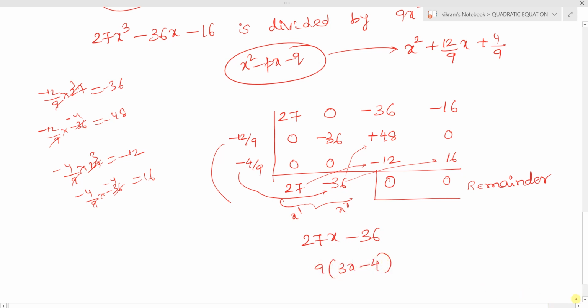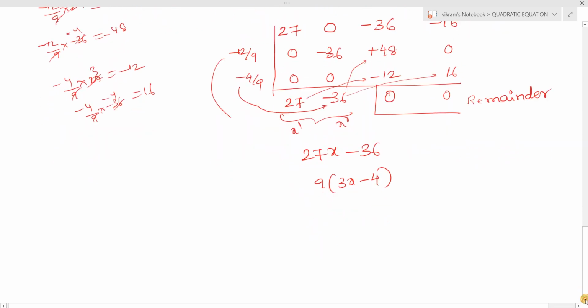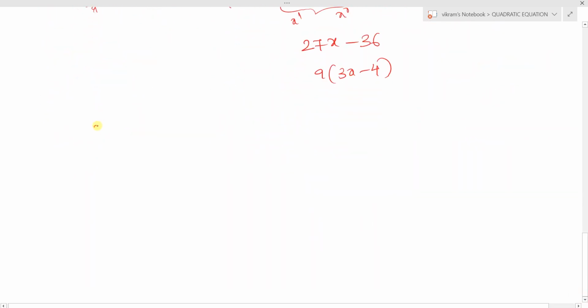So 27x cube minus 36x minus 16 can be written as 3x plus 2 whole square into 3x minus 4.